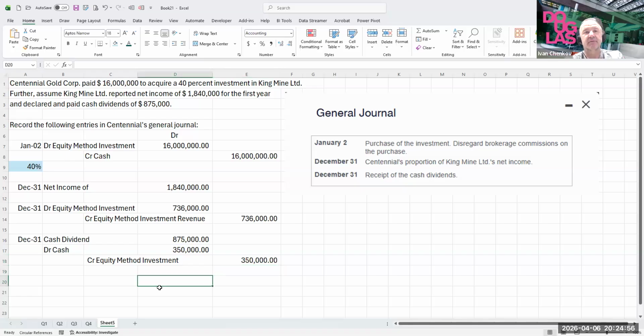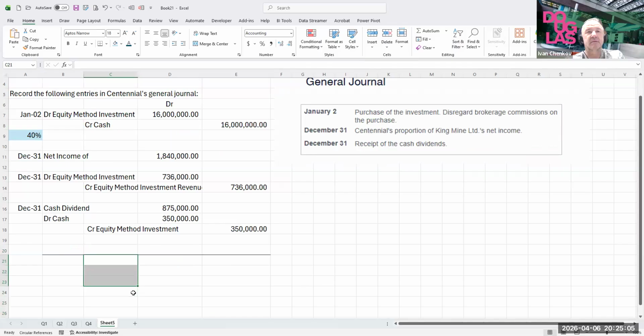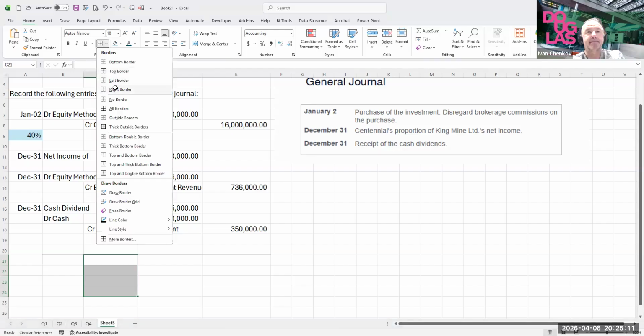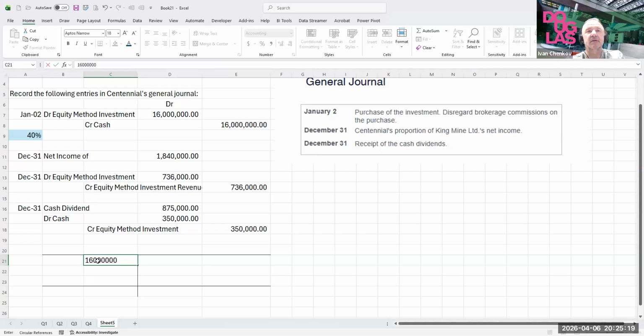So what's happened with our investment? If we do the T account for our investment, it's going to look like this. First, we invested 16 million, 123, 123. Then we receive 1,840,123.